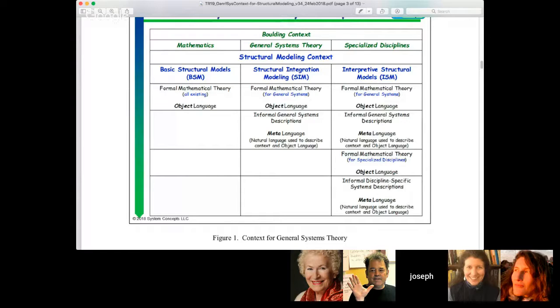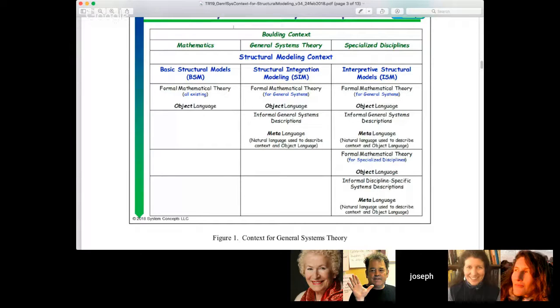I'm wondering how you put the three-way truth split into this picture as well. Well, mathematics just has formal truth, period. The general systems theory can have formal truth, informal and value truth, and factual truth.